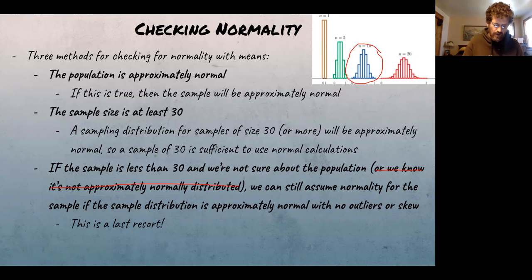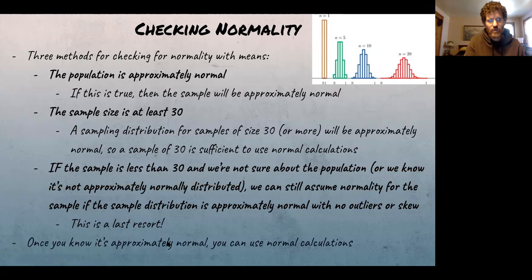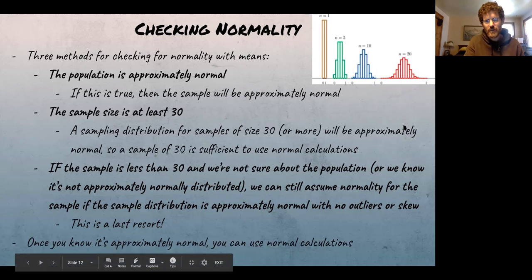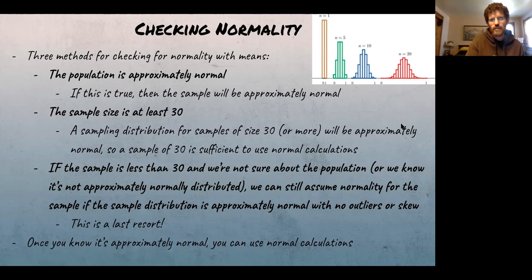Okay. So that is a last resort, and generally speaking, I'm not sure you're ever going to need to use that condition. So really you're looking, is it an approximately normal population, or do we have at least 30 in the sample? And once we know it's approximately normal, like we said before, you can use normal calculations. So these conditions generally will be met by everything, but you still need to check them.